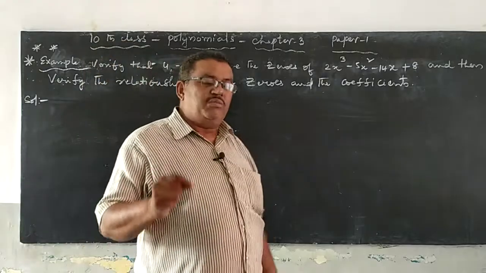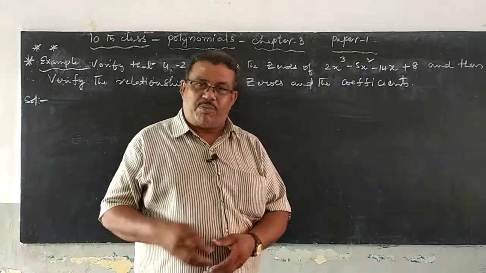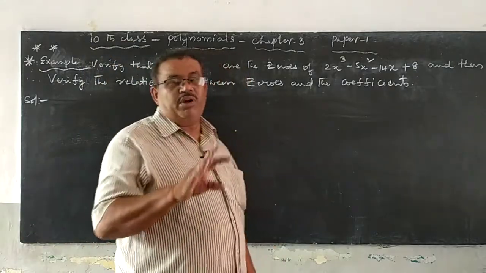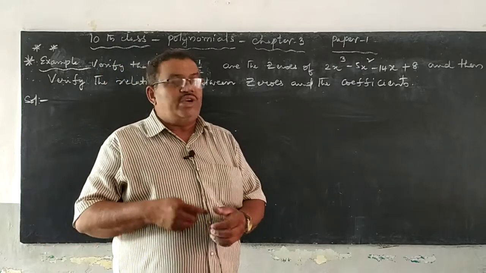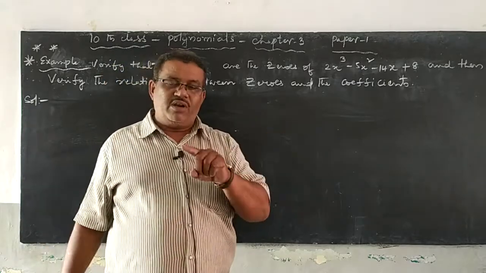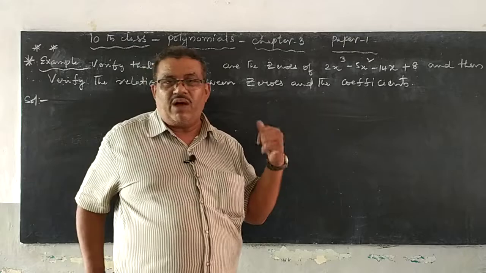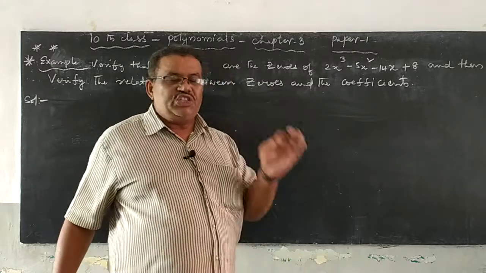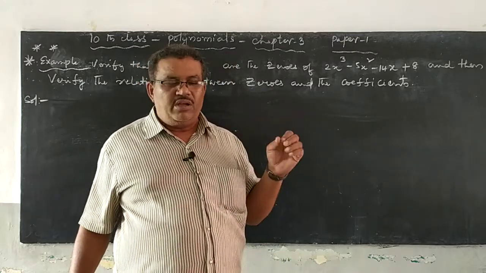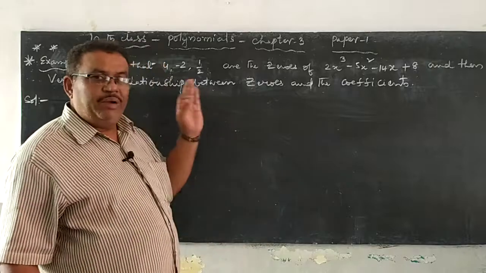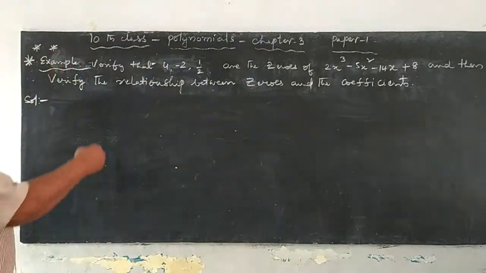Most important and most expected question from this chapter. Very important problem. In the last 2 years, in the free final or final, this question has been asked in the examination. So each and everyone learn this one properly. Very easy sum, but a little bit big. Okay children.